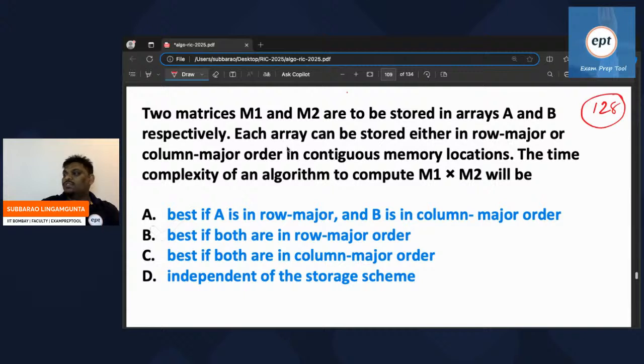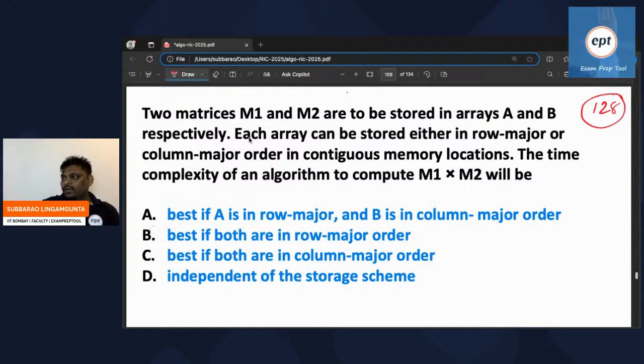There are two matrices, and you want to multiply both of them. Those matrices are stored in row major or column major, we don't know. So he is asking which one is better, so that the time complexity of the algorithm is efficient. Anyone? Asif, do you have any idea? Those people who are watching, do you have any idea?